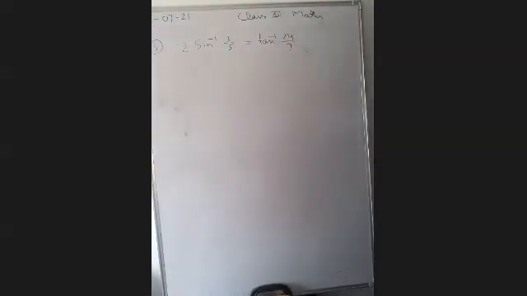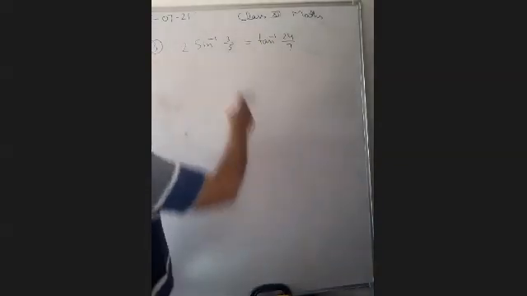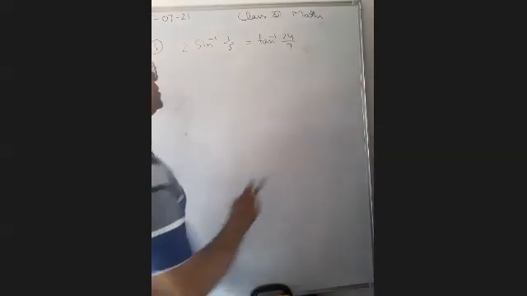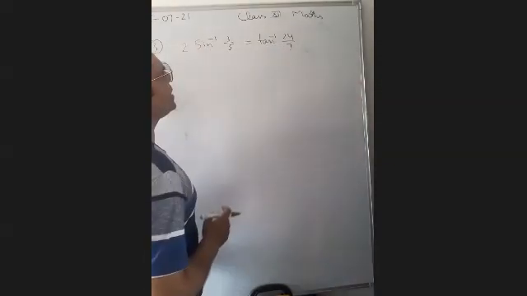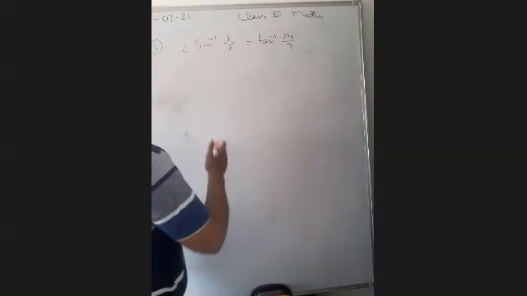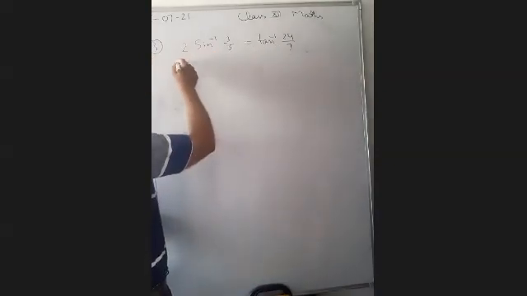This we have to prove. So both sides are different. Here we are seeing sin inverse. This right hand side is tan inverse. So what we can do, first of all we are taking the left hand side.